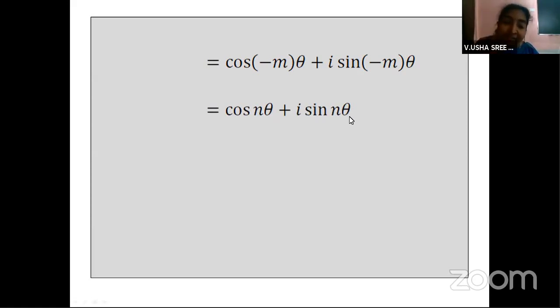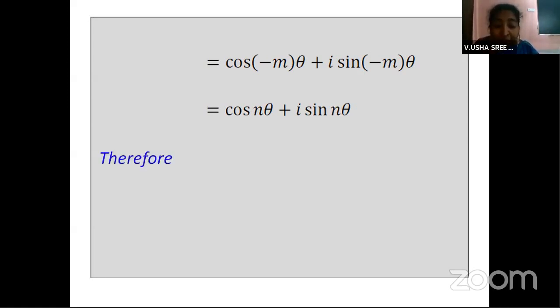Where did we start with? (cos θ plus i sin θ) whole power n. And we got the solution as cos nθ plus i sin nθ. That means the statement is true for all negative numbers also. So it means we have completely covered the total integer set: the positive integers, the negative integers, and also 0.